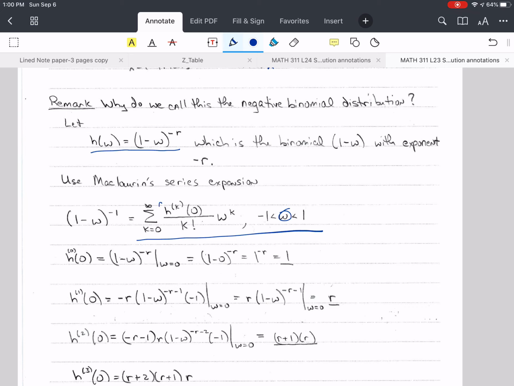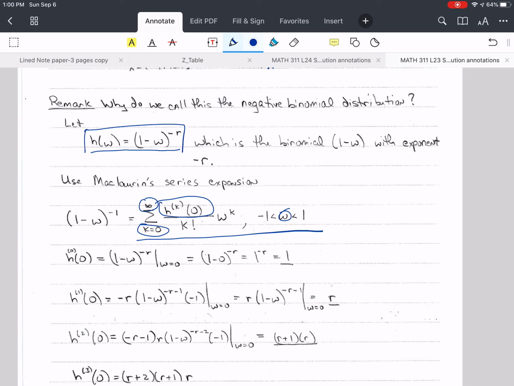And remember that these h with the k in parentheses are talking about the derivatives. So we're going to start with the 0th derivative all the way up to the infinite derivative. Okay? So the 0th derivative means we haven't taken a derivative yet. That means we're back to the original function with nothing done to it.